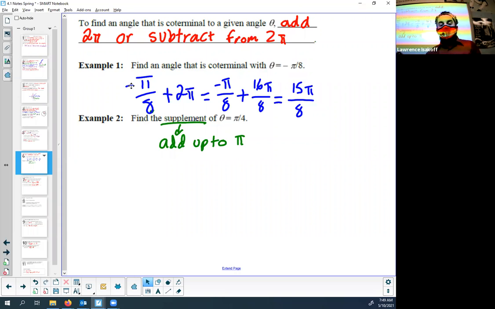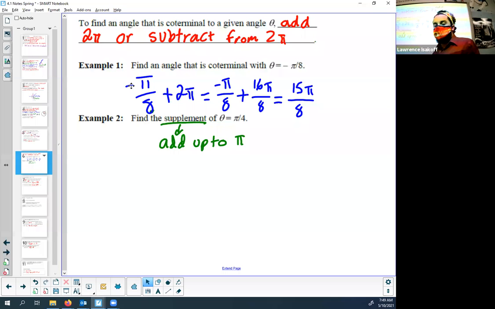So what that is actually telling me, since my denominator's 8, is that 2 pi goes all the way around. 90 degrees is pi over 2. Since it's 15 on top, I know I go almost all the way around the circle.